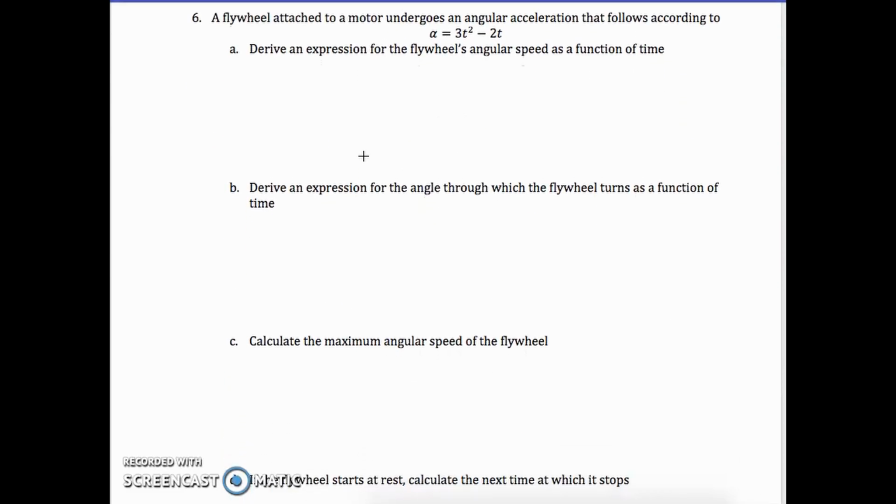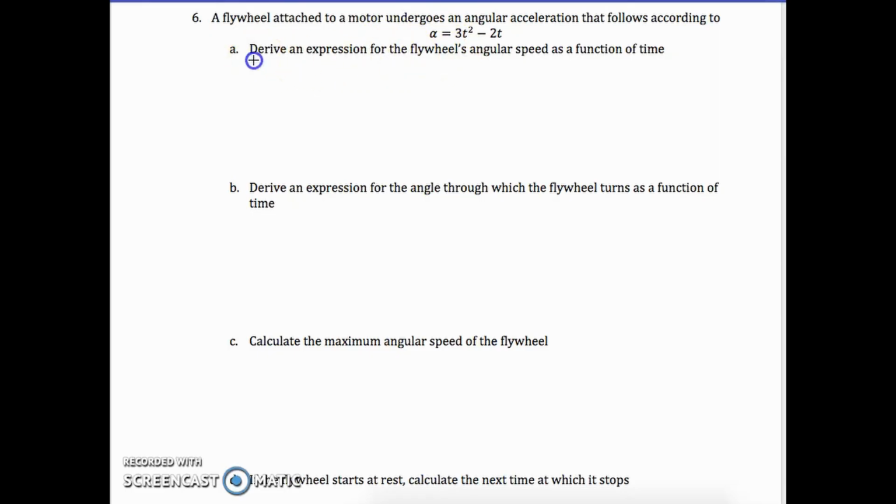All right. Now, what if the angular acceleration is not constant? What if it changes in time? Well, now we need some calculus to get the relationship between alpha and omega and theta. The kinematic equations won't work as soon as alpha is not constant.